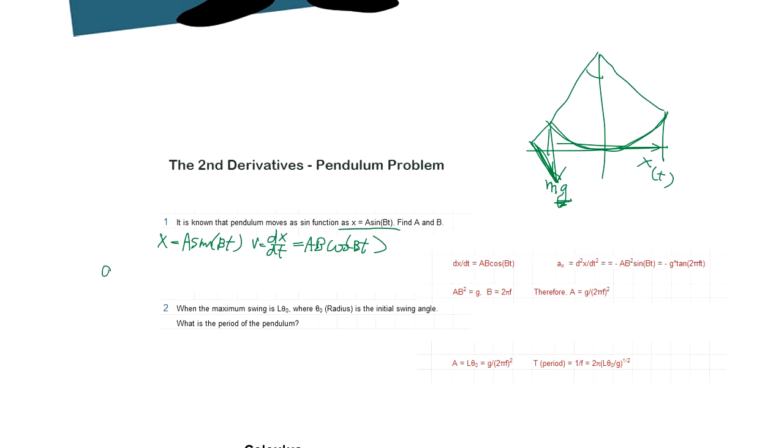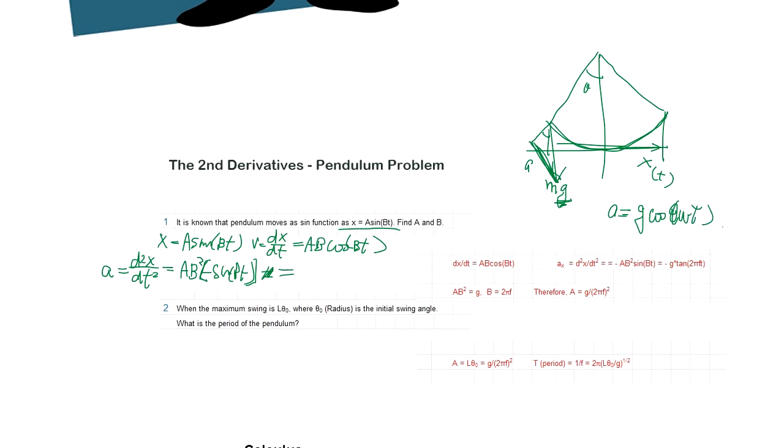Then the acceleration is the second derivative, negative ab squared sine bt, like that, right? And this acceleration is this, this is theta, g cos omega t.